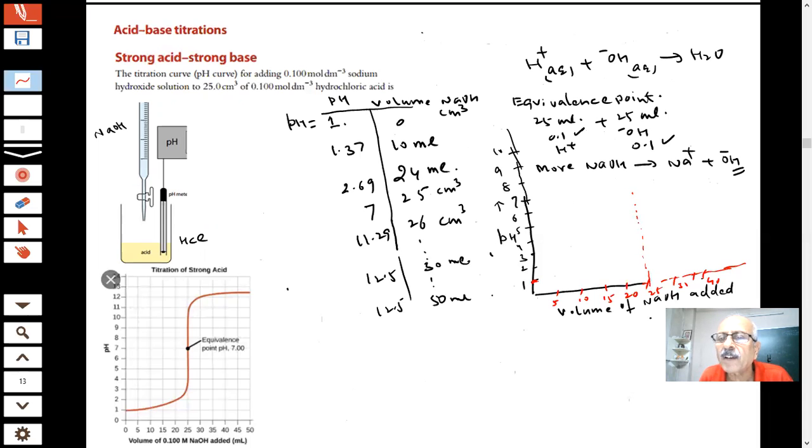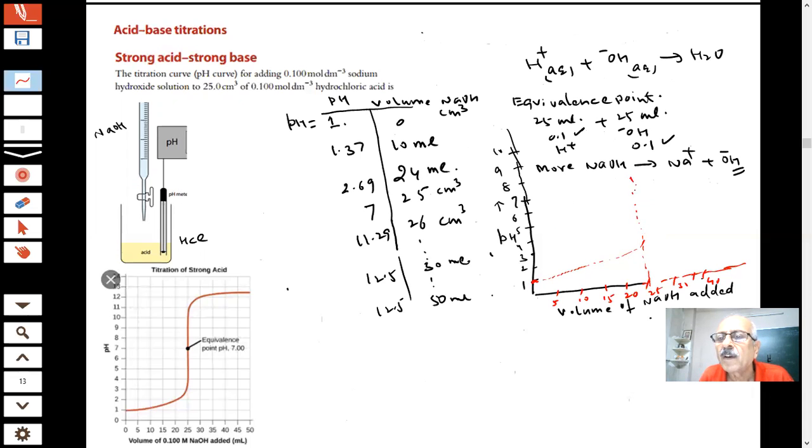This is the point where you have equal moles of HCl and NaOH. What was happening? First, it was increasing slowly. Slow increase. And at this point, when you have added 25 milliliter, there is a sharp increase.